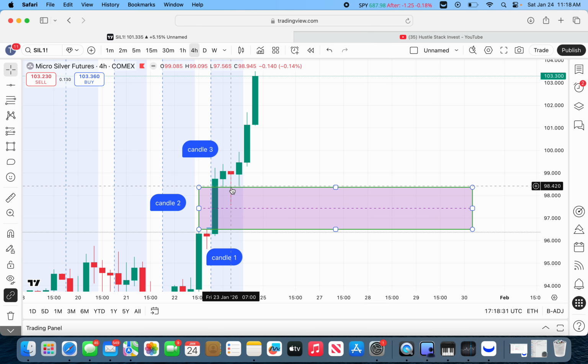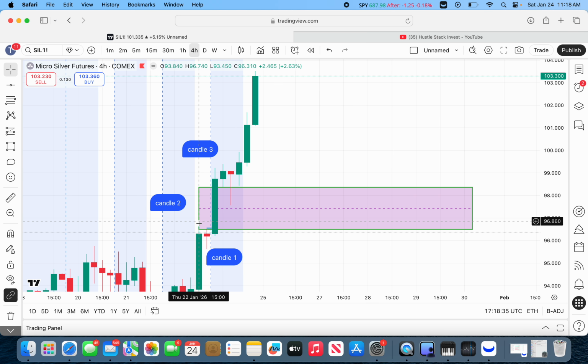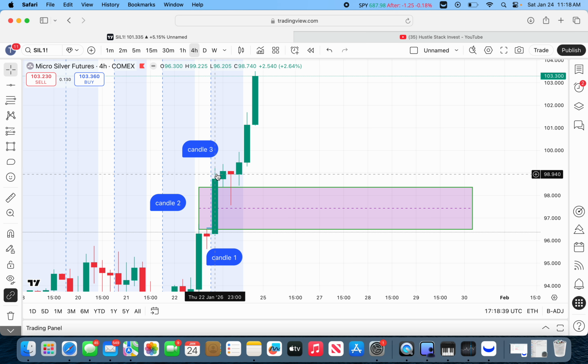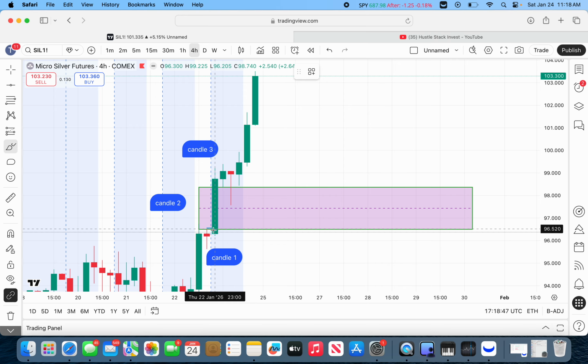So what would make this fair value gap invalid is if it did not leave a real gap in between. Now you see with this candle, it caused the real gap in between, but sometimes price will do something like this. It will have long wicks on the third or the first candle, meaning it will look similar to this.